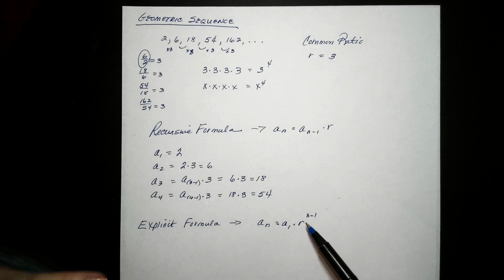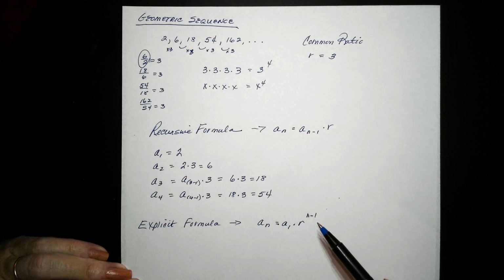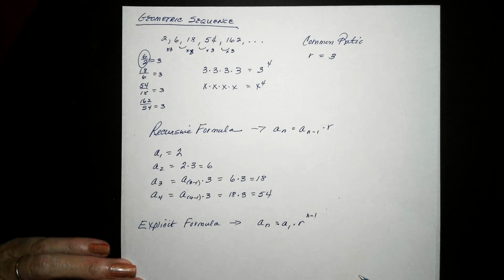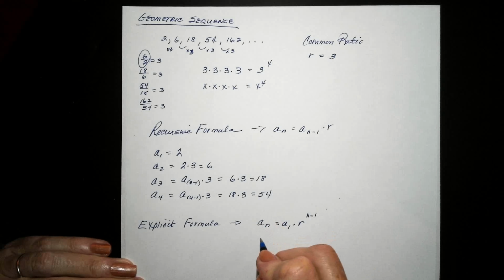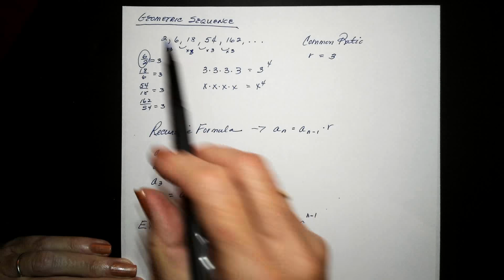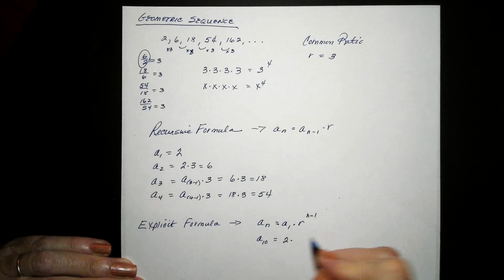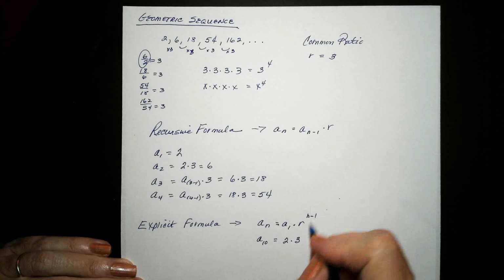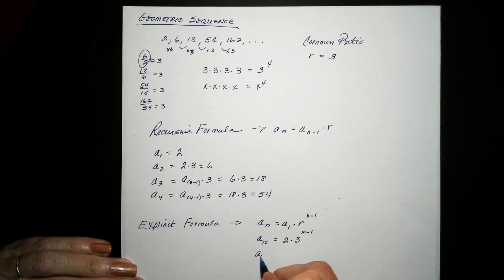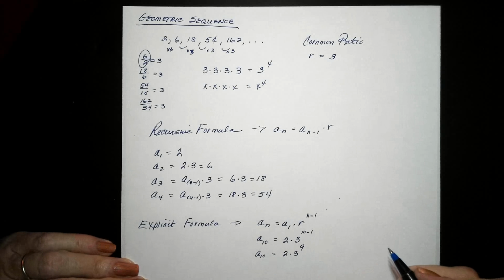So let's go back to our sequence and say that I wanted to find the 10th term. Well, it would be A10 equals A1. In this case, A1 was 2, times my common ratio of 3, and to the 10 minus 1. So A10 would be 2 times 3 to the 9th power.